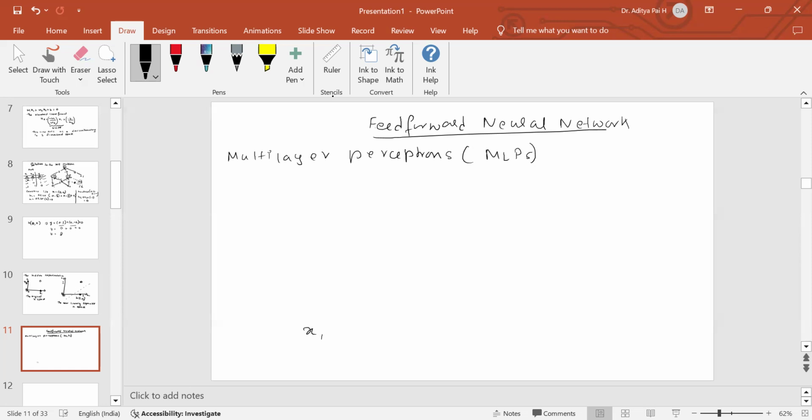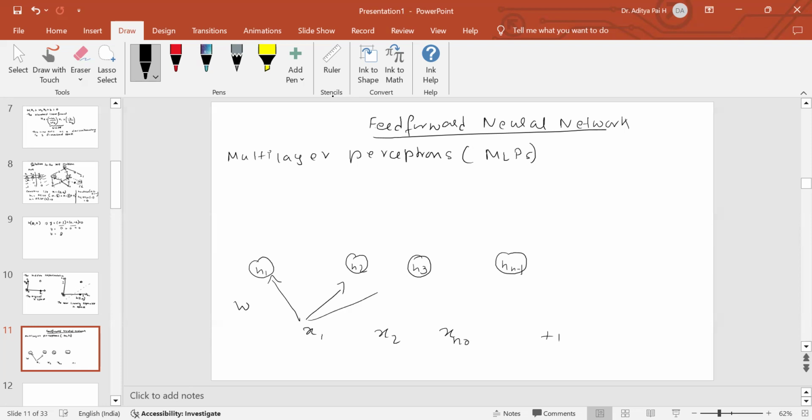Normally, consider there are inputs like x1, x2, up to xn0 for that matter. And there are multiple hidden layers like h1, h2, h3, and this is nothing but your hn minus 1. And this is nothing but your bias plus 1, which you can see here. So with each input, what we are giving is the weights w.